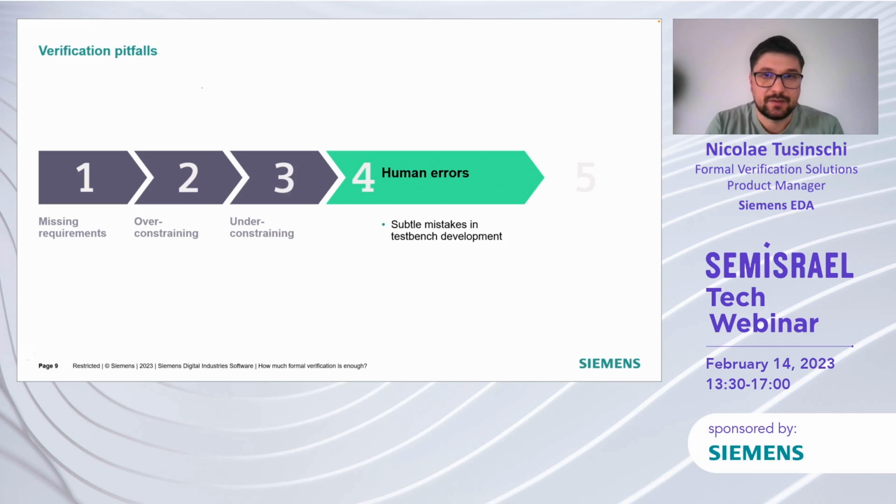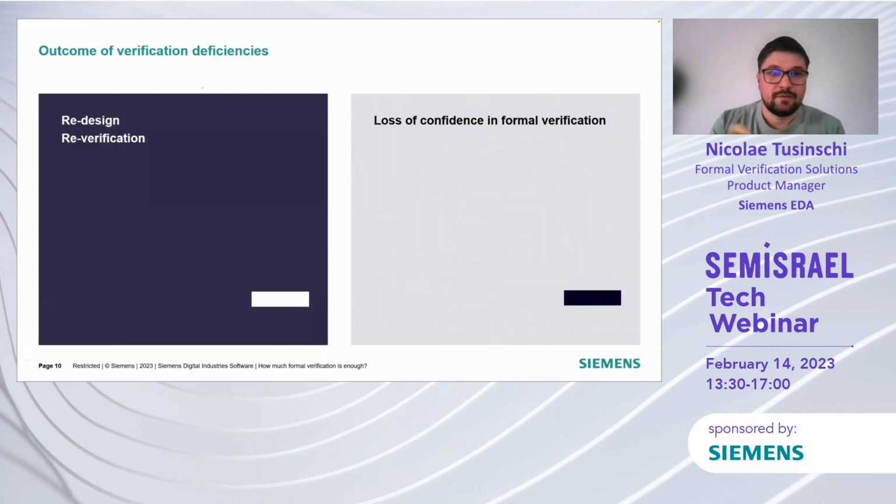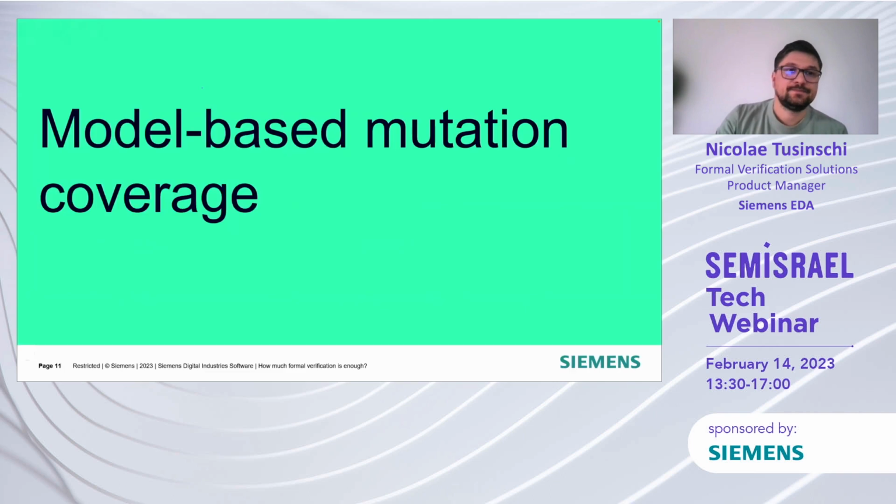Looking at how these verification deficiencies play out, they result in a negative impact that leads to redesigning and re-verification iterations, and also to a loss of confidence in the formal verification methodology.